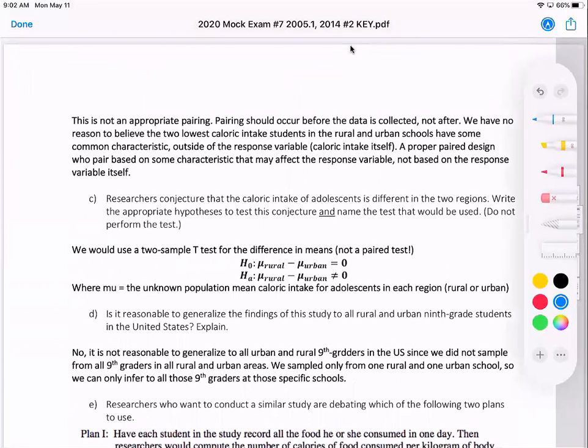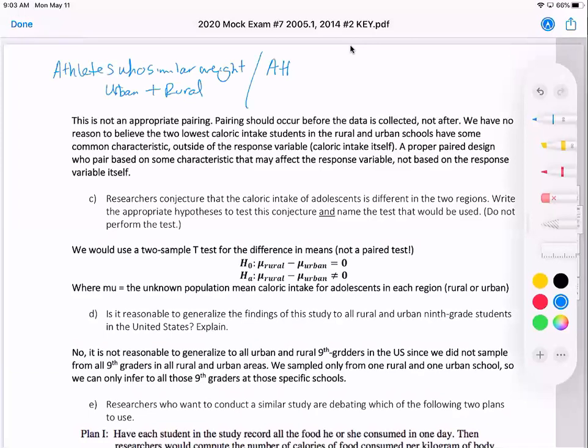So maybe you would pair like, hey, I want to take these 2 athletes who have similar weight, and I'm going to pair an urban, I'll just do a little plus, paired with a rural. And that's one pairing.